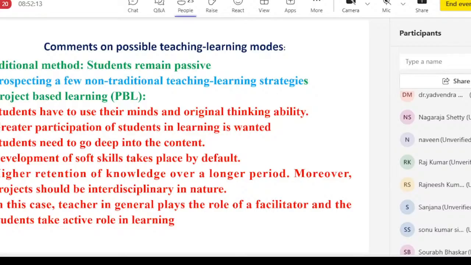So you should do as a teacher the project-based learnings, where the students have to use their minds and thought processes. Original thinking will be there, the project-based learnings. And then I'll say that this kind of thing, the greater participation of students in learning is wanted. For that, you allow the students to be cooperative learning, the participative learning.